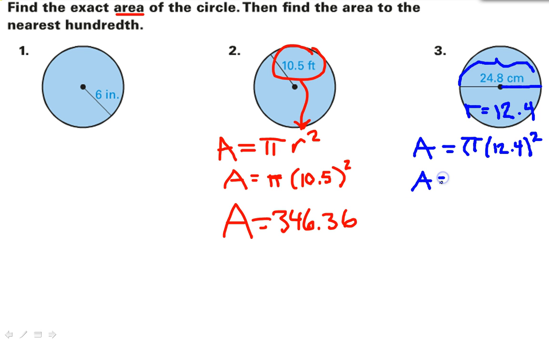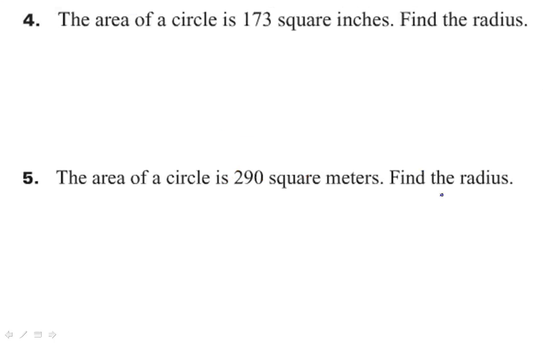Okay? And again, you could just type all that in your calculator and just get an answer all at once. Does anybody have it for me? 483.05, I got 483.05 without having to round it.